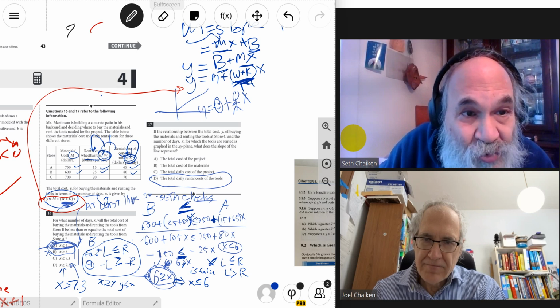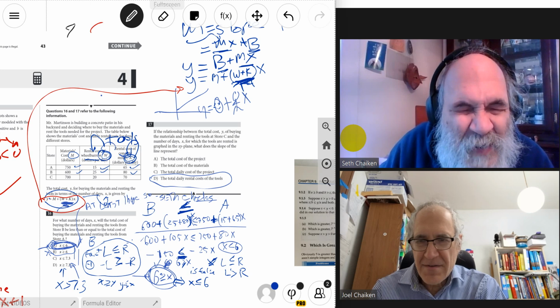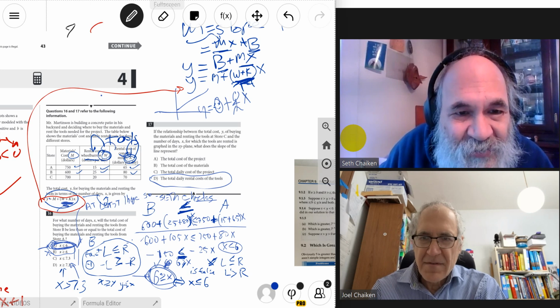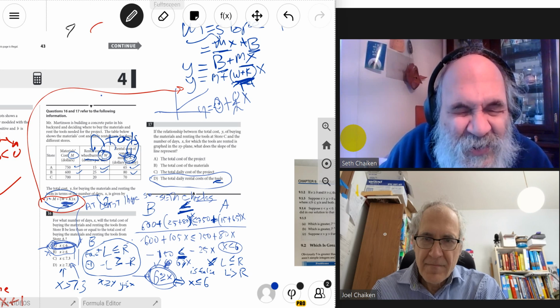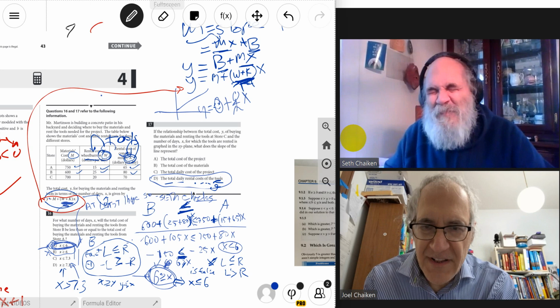Those are the tools. So you have to know the wheelbarrow and the mixer are both tools, and these are the daily costs, so it matches response D. The daily rental costs of the tools.